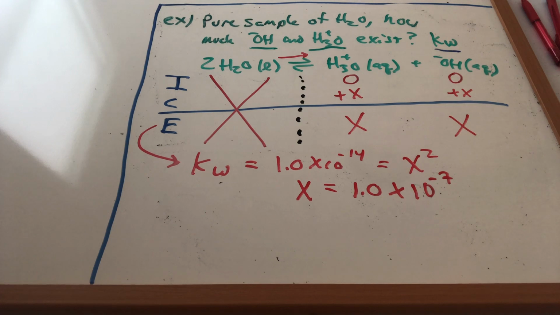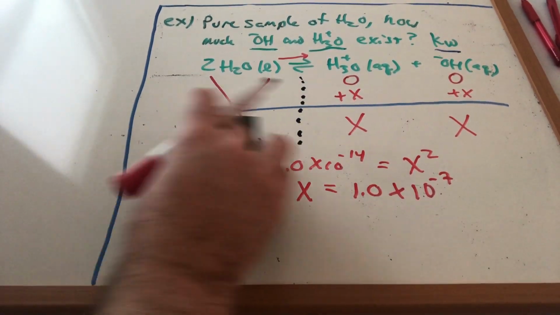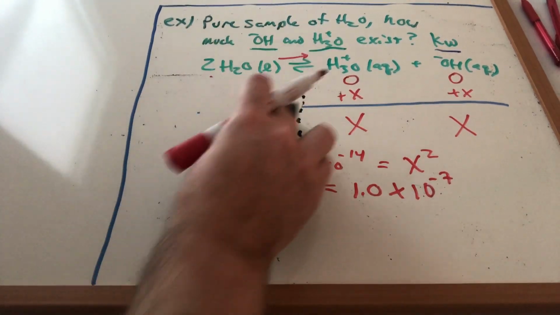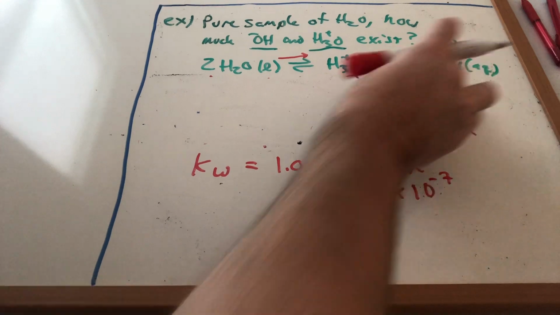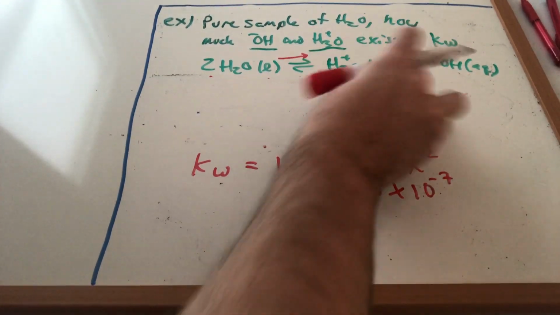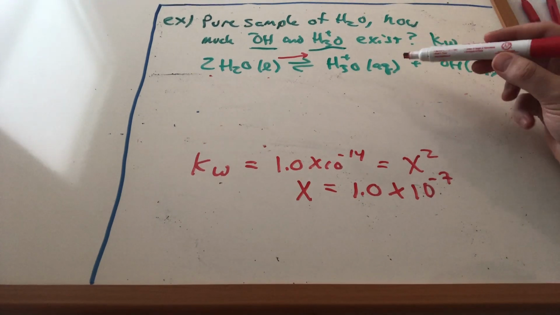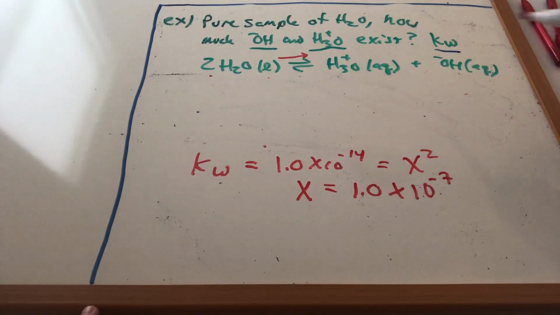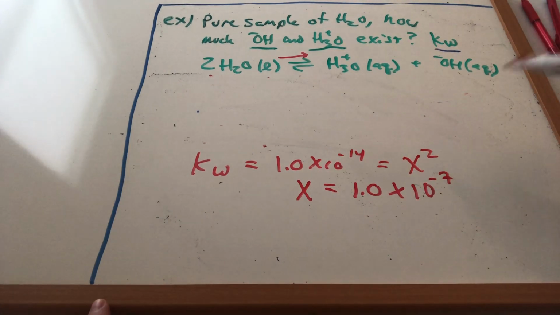This is incredibly important. In pure water, let's answer the question. What's the concentration of H3O plus? What's the concentration of OH minus? Pure water is said to be neutral because the concentration of H3O plus, which we know is generated from acids, and the concentration of OH minus are both X, they're both equal.